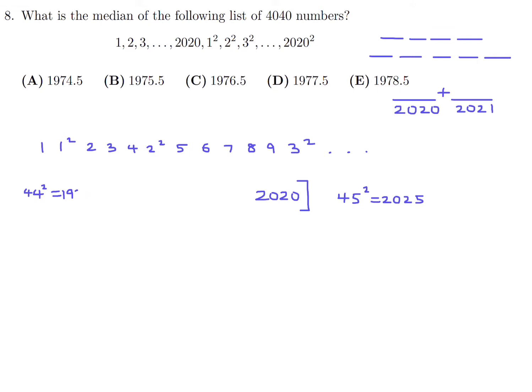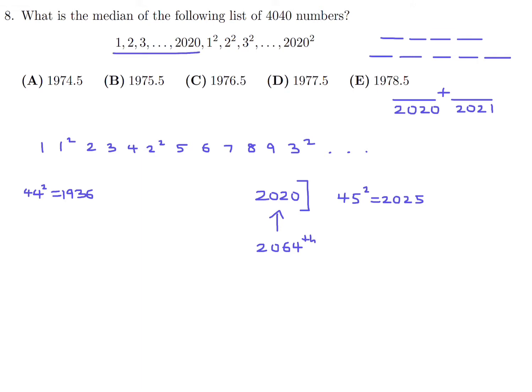Okay, great. So I want to ask you, what number is that in terms of its place? It's not the 2020th number, because remember, we have stuck in a bunch of these perfect squares. All right, we stuck in how many? 44 of them. So 2020 plus 44. So this is the 2064th number in the list, right?